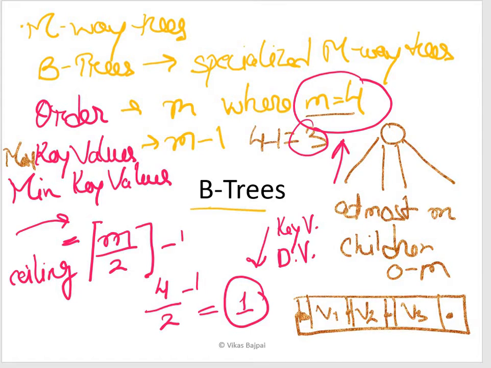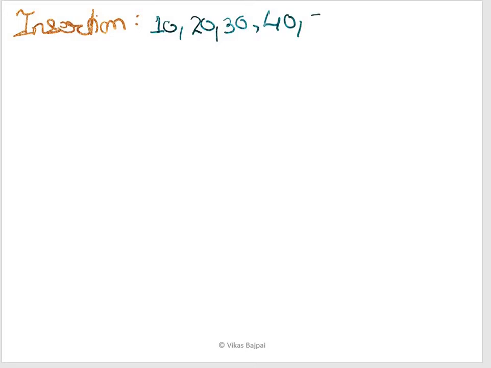Let's talk about B tree insertion today. Let's say I have 10, 20, 30, then 40, 50, 60, 70, 80. These values, and this is the order as well. So how to start with it? I need to identify two things. One is your order.